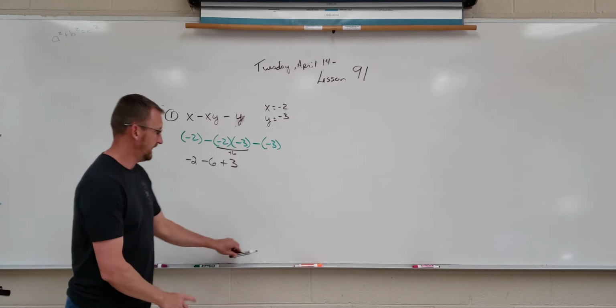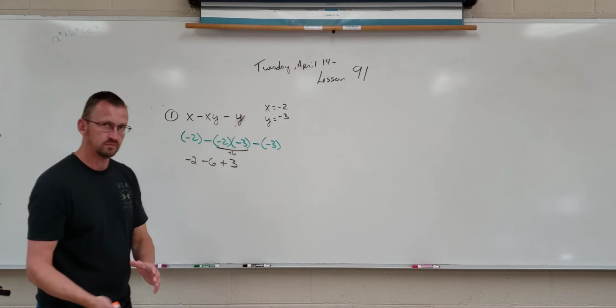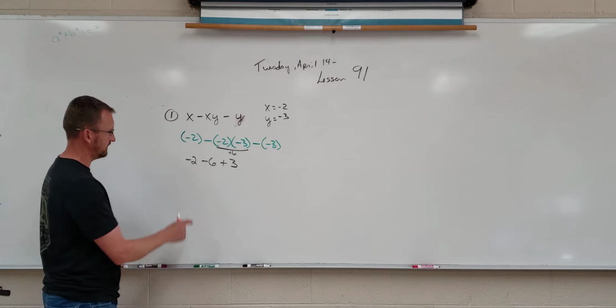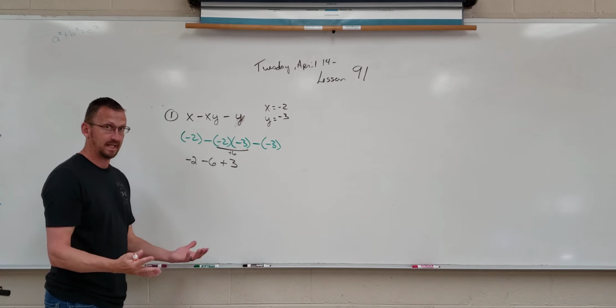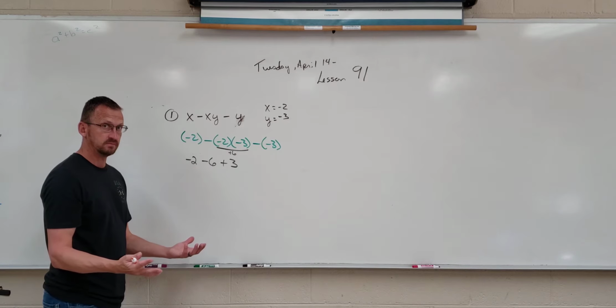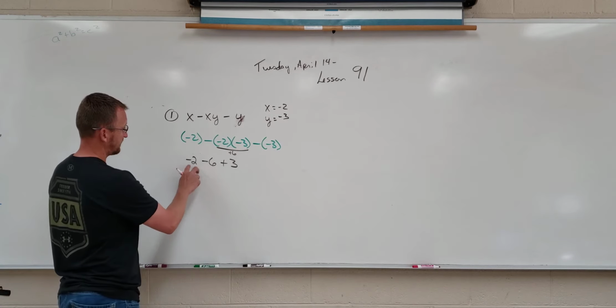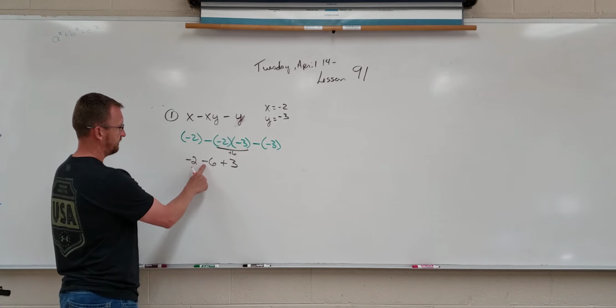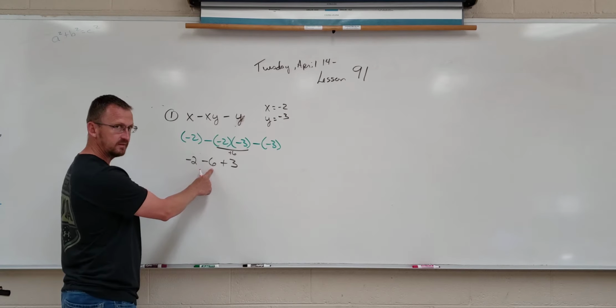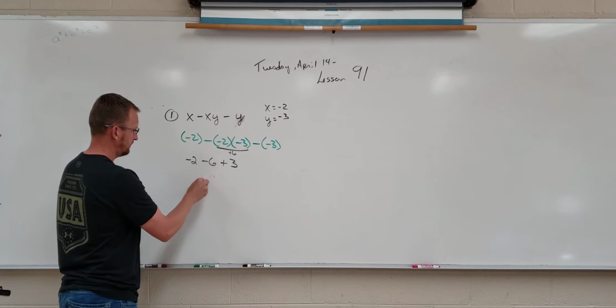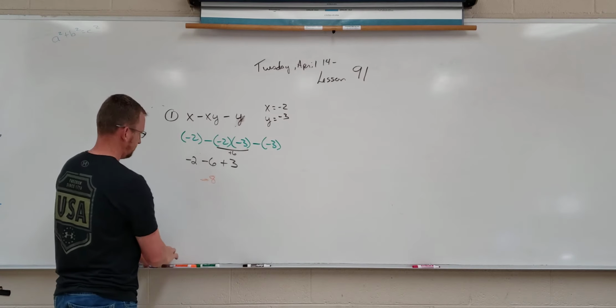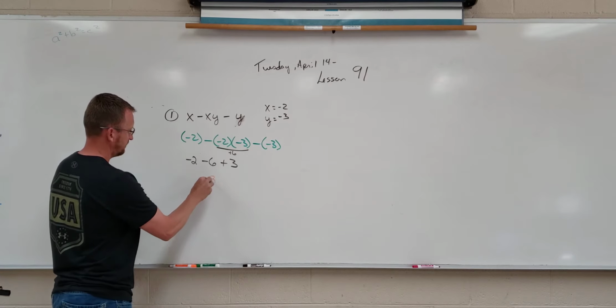Okay? Now, one of the things that I've been going over with you is take the signs that have the same number when we're adding or subtracting. Add the numbers with the same sign. So negative 2 and a negative 6. 2 plus 6 is 8. And they have a sign of negative. So we have a different marker.